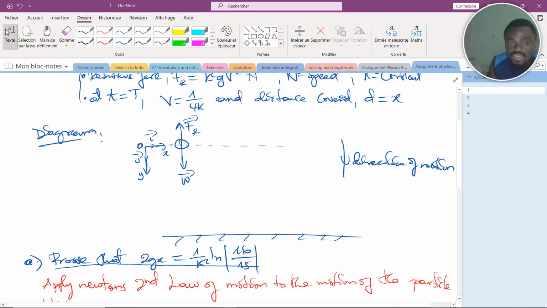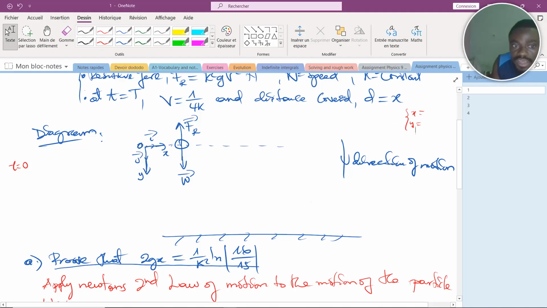When I say at time t equals 0, the question I will ask myself is, where is the particle? The particle is here at time t equals 0. That's the question you have to ask yourself.